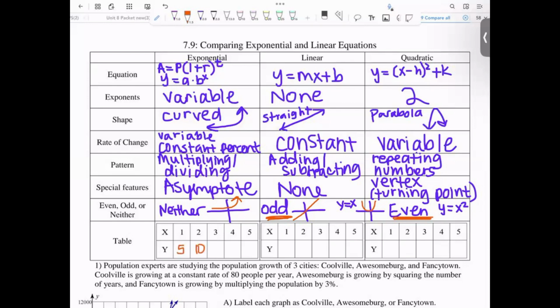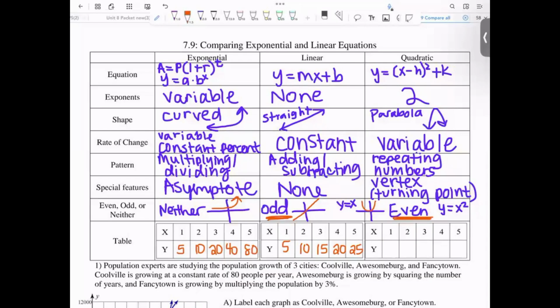All right, so our table. If we had an exponential graph and it started with 5 and 10, and we know this graph is exponential, that means our next number has to be 20, because with exponential, it has to be multiplying by something. So 5, 10, 20, 40, 80. With linear, if it started with 5, 10, and we know it's linear, that means that those are going up by 5s. So we'd have 15, 20, 25.